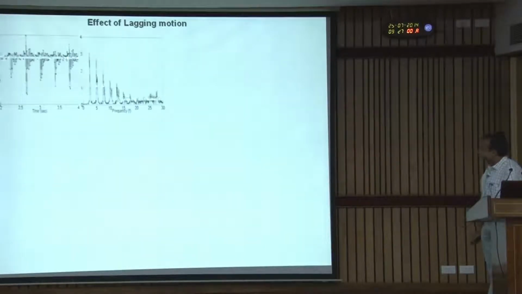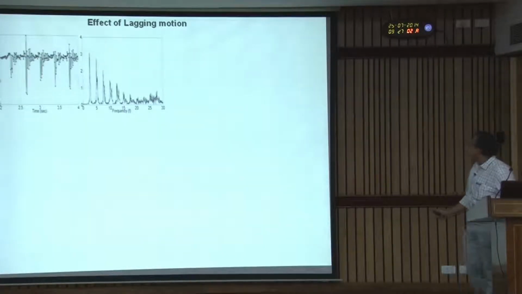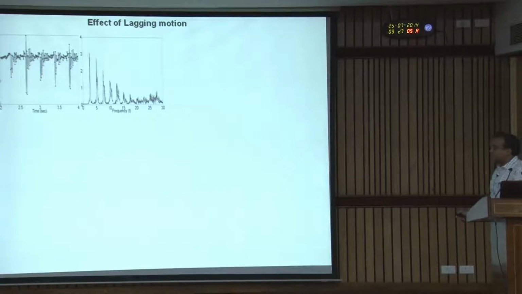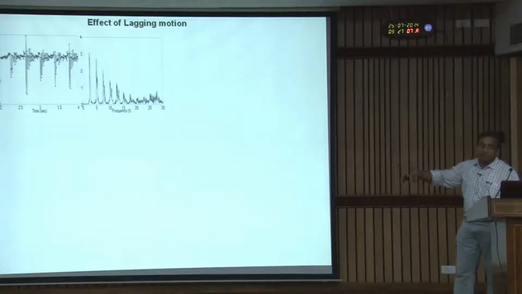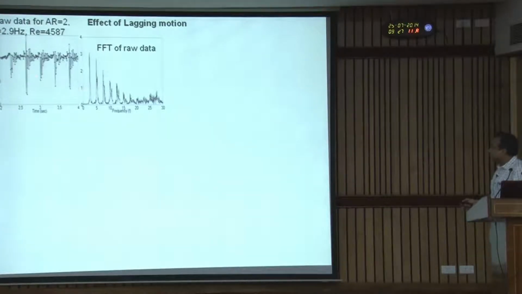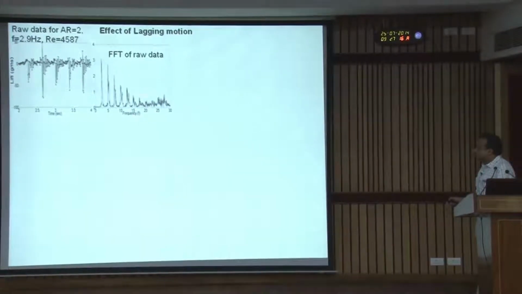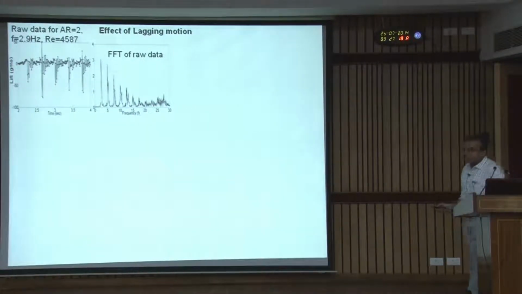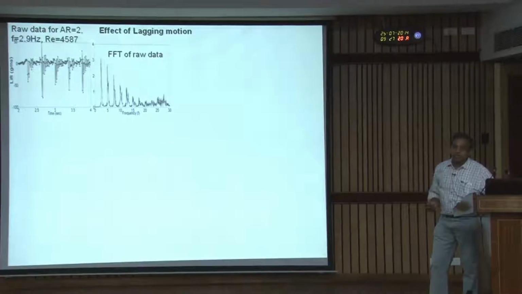Now I will just show quickly the effect of lead lag, that is the forward and backward motion. If we take this signal from a force transducer and take an FFT, you will see that a lot of other vortex effects are there. Those are the vortices we saw in the PIV images, so these are related to flow.